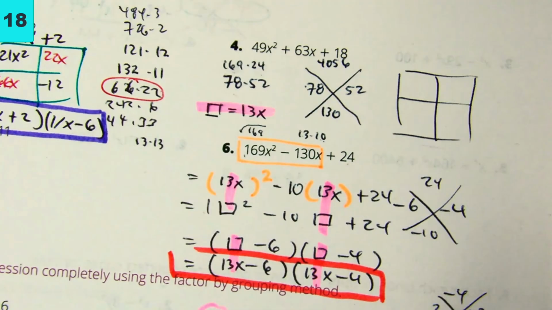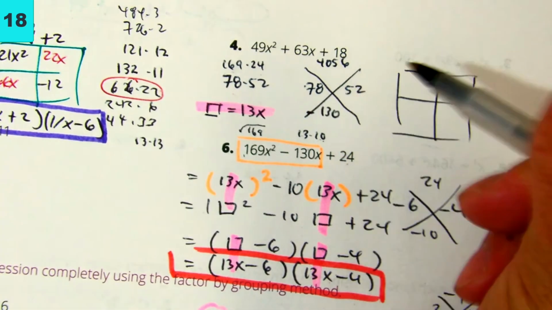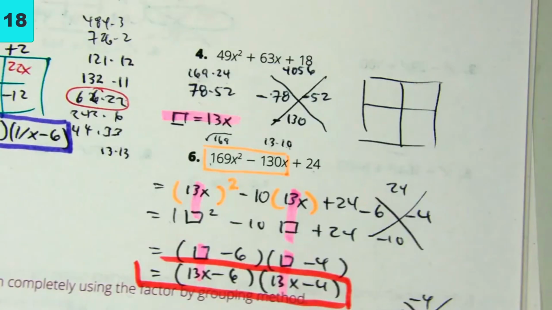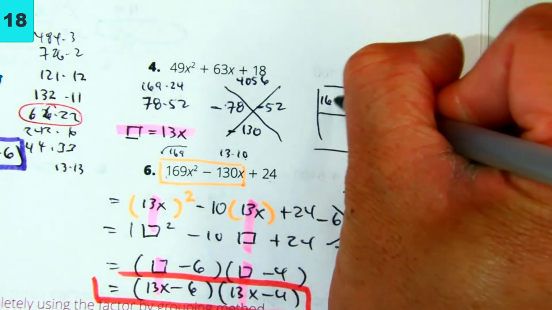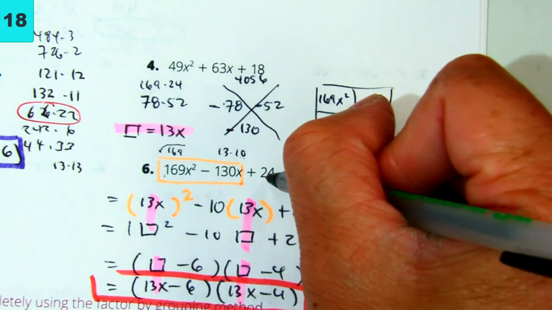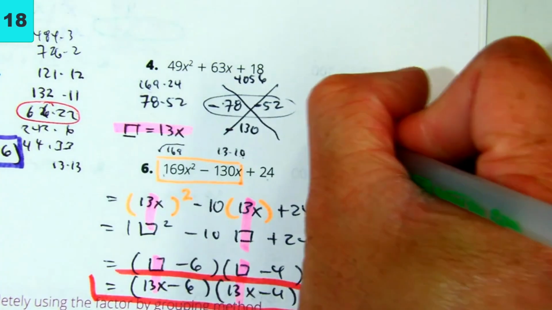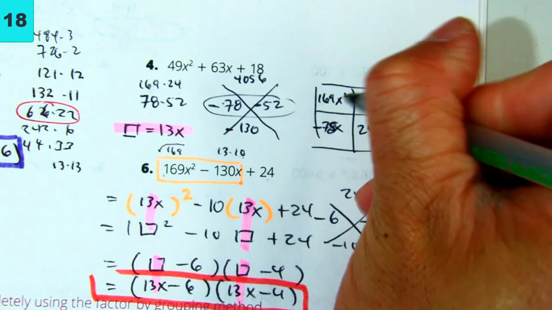And are those both positive or negative? Those will have to be negative, right? Negative 130. And so now if I put this into my box, I have 169x squared. 24 is the last one, and then these two go there. 78 and negative 52x.